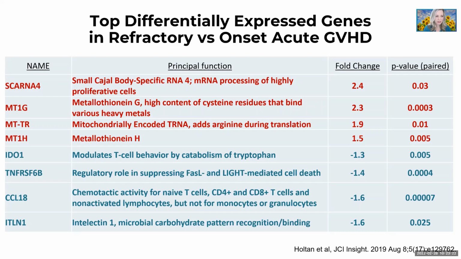And then several genes that are decreased suggest impaired tissue tolerance, such as lower expression of IDO1. Also lower expression of intelectin-1, which is a microbial carbohydrate binding protein involved in pattern recognition. That is lower in GI GVHD that is steroid refractory.